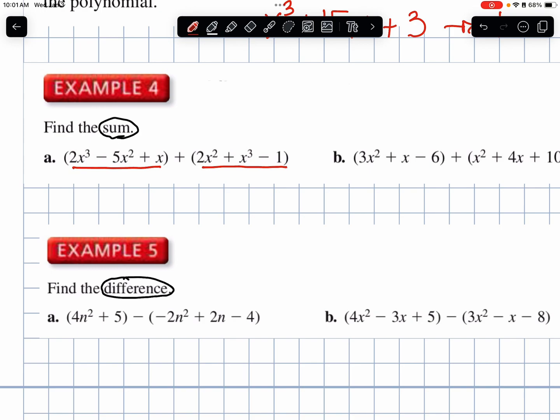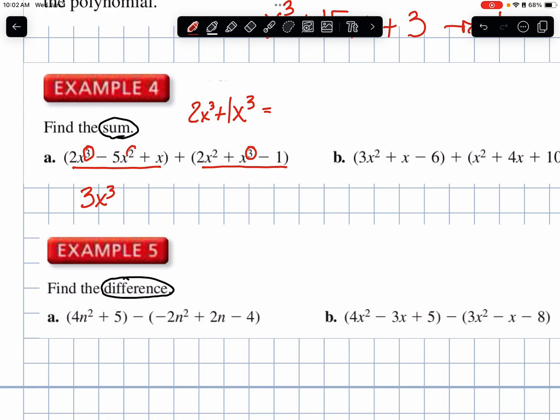Start with your highest. So for example, I see a power of 3 and a power of 3. So on my scratch work area, I'm going to say 2x cubed plus x cubed. So if I'm adding those 2 up, we get 3x cubed. So there's my first term.